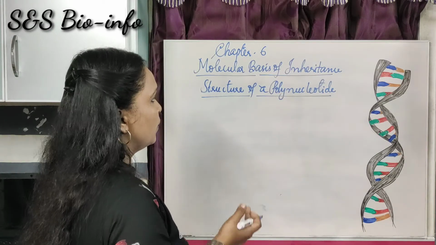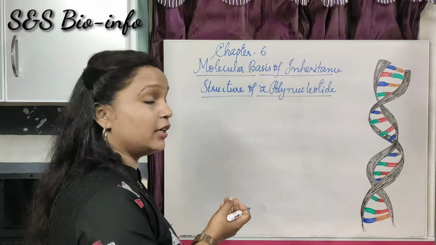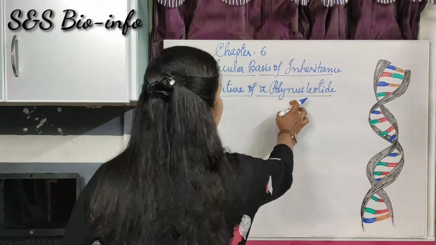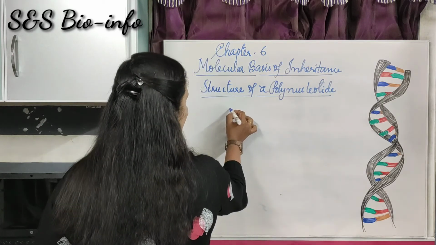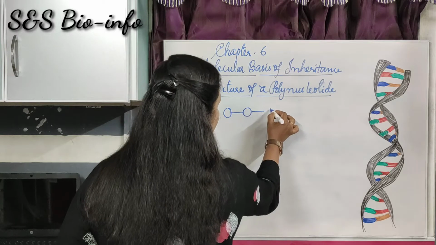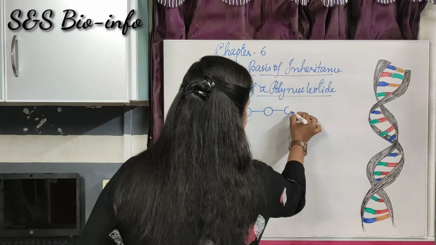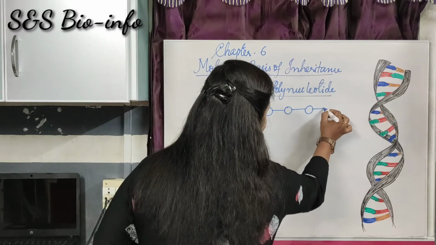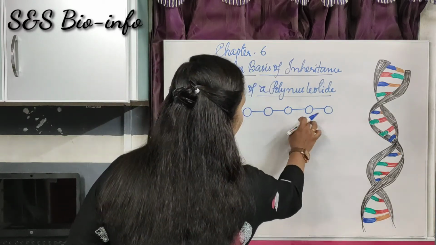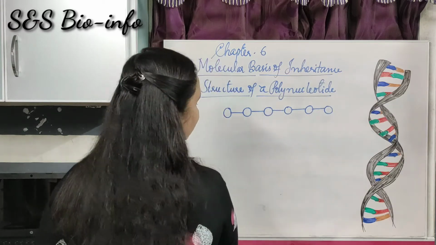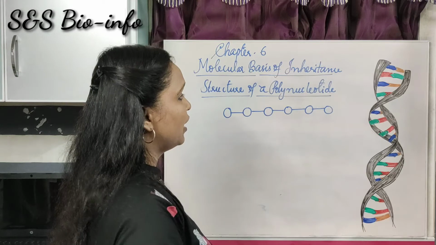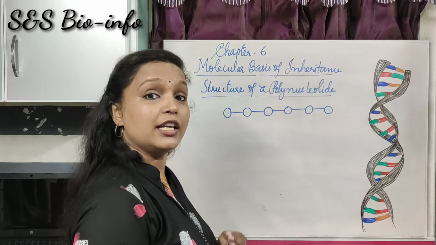A polynucleotide is actually a polymer of nucleotides. Here the monomer is nucleotide. Suppose this is one nucleotide, then it is connected to the next nucleotide, then it forms a chain of nucleotides. So this is called the diagrammatic representation of a polynucleotide. Got it?